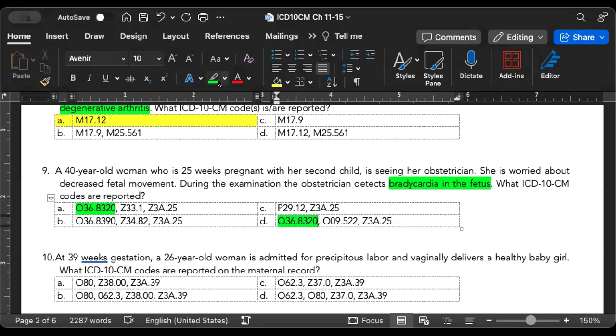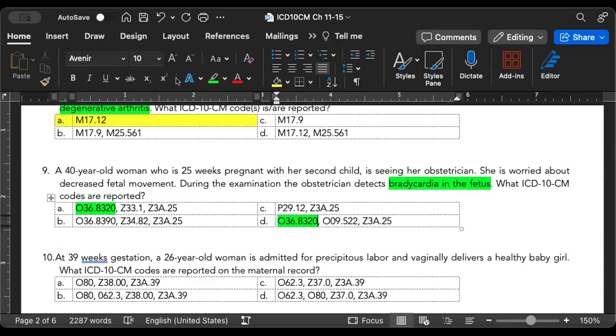Okay. So in that box, you have a little bit of a paragraph above the 7 characters. It says one of the following 7th characters is to be assigned for each code under category O36. The 7th character 0 is for single gestations and multiple gestations where the fetus is unspecified.